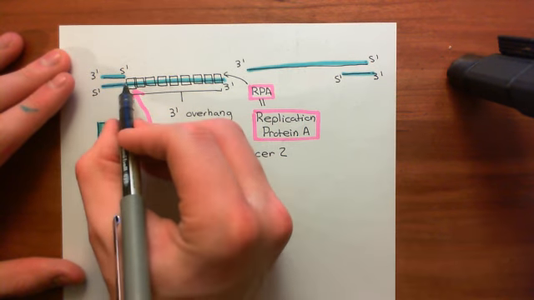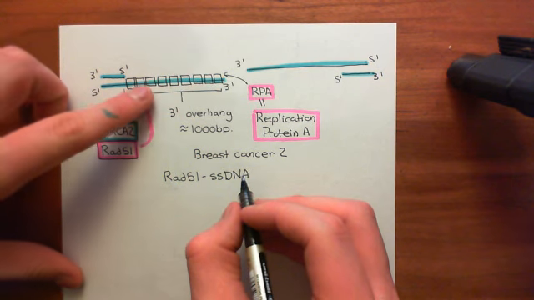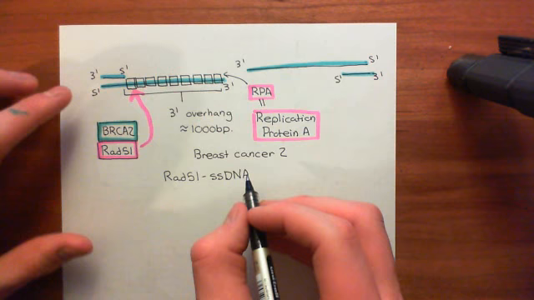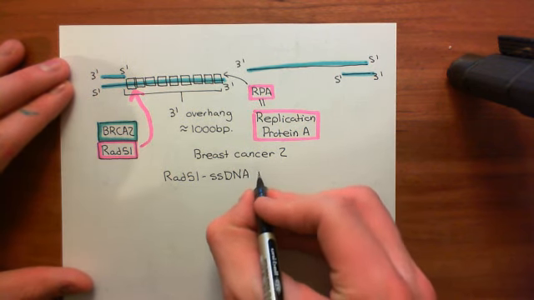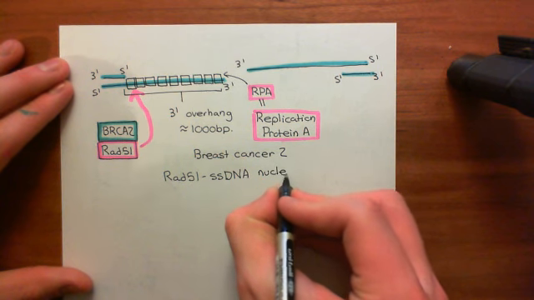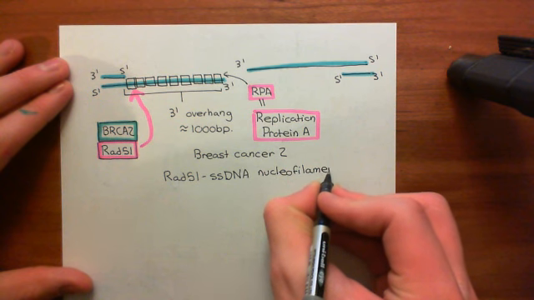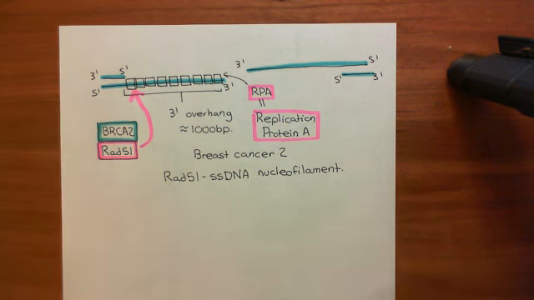That is the name for a single-stranded piece of DNA which is covered in RAD51 proteins, just like this picture here. Imagine that these proteins are now no longer RPA proteins, but instead are RAD51 proteins. And this RAD51 single-stranded DNA nucleofilament is now going to take part in homologous recombination.